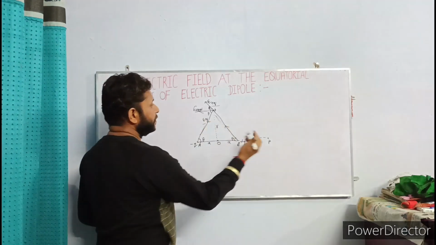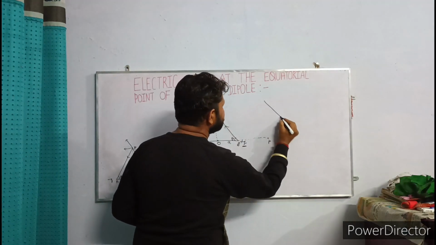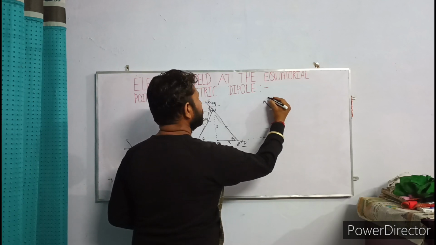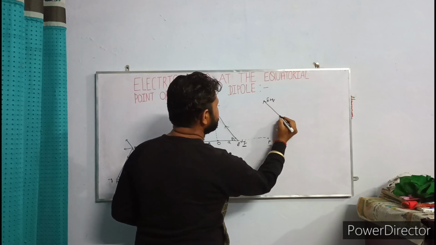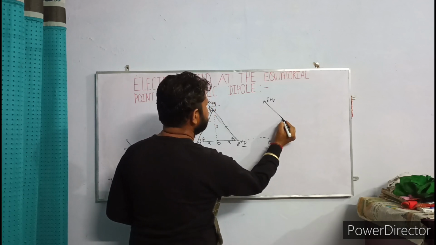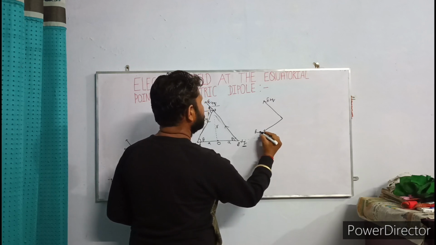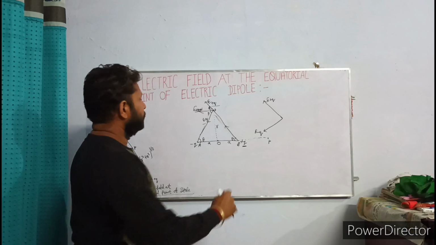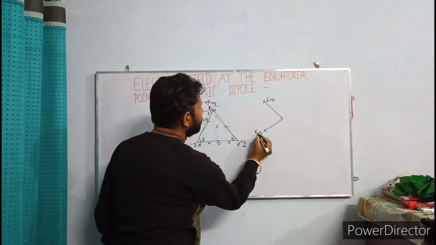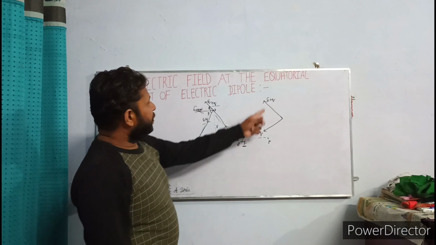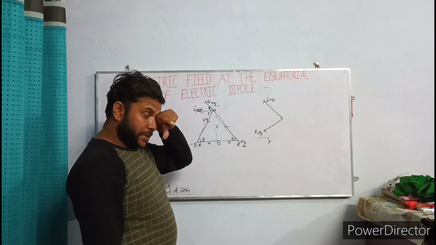Here we can see that if we draw E plus Q, and it is E minus Q. Okay, students, E plus Q and it is E minus Q.